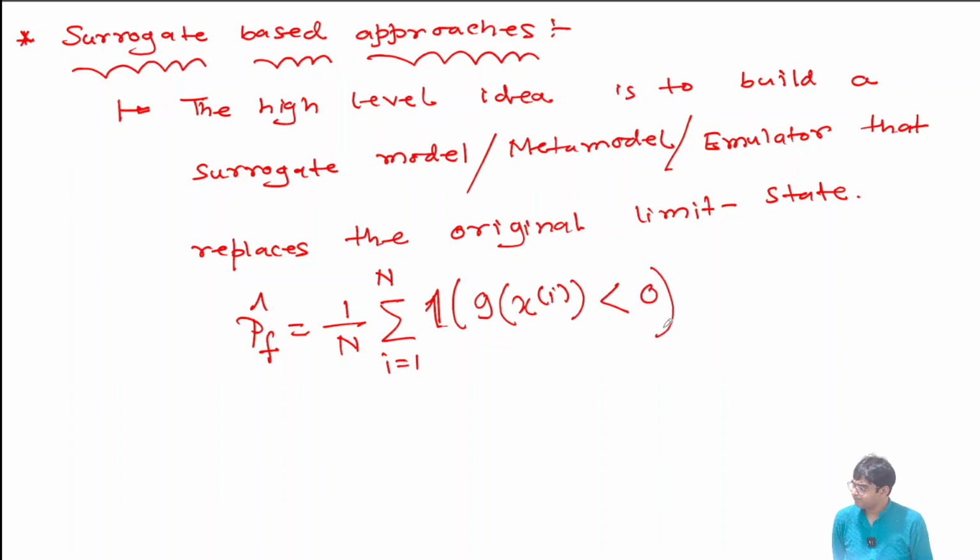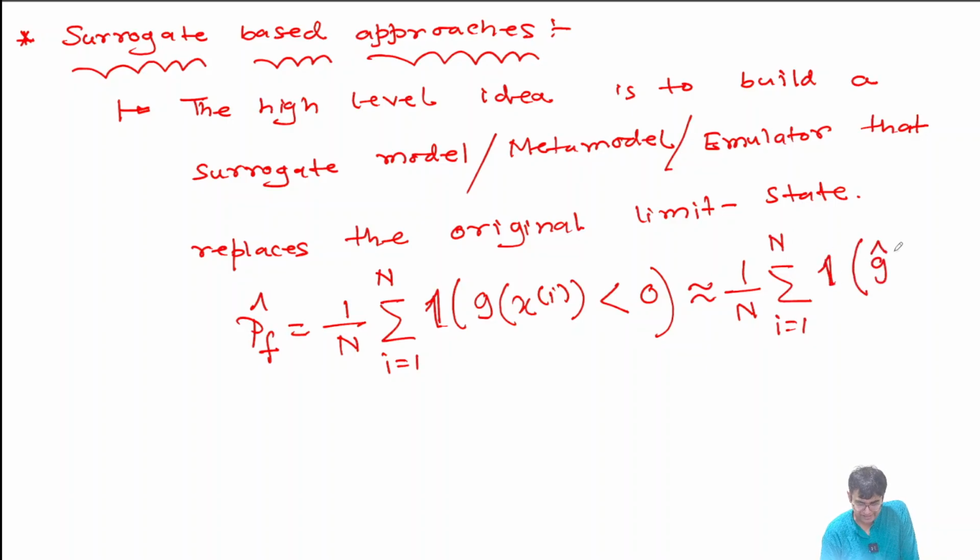Now this g of xi is my limit state function, so you can imagine this g of xi to be a very expensive simulator. So what will you do? We will replace this g of xi with g hat of xi, which is hopefully an approximate but quick model. So this is then approximately equal to 1 by n summation over i equal to 1 to n, indicator function, g hat of xi less than 0, right.